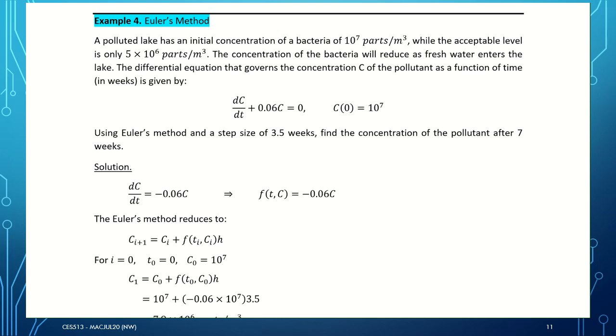The differential equation that governs the concentration C of the pollutant as a function of time is dC/dt plus 0.06 C equal to 0. Using Euler's method and a step size of 3.5 weeks, find the concentration of the pollutant after 7 weeks.